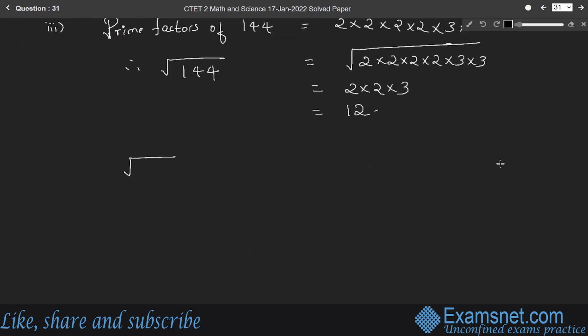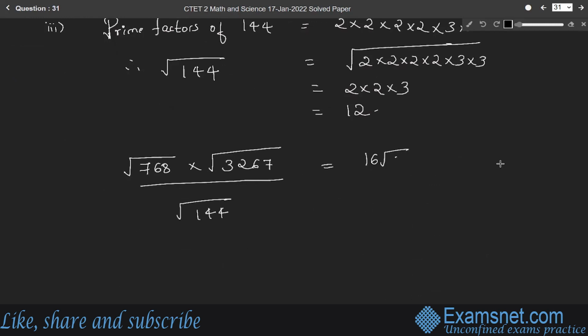So, square root of 768 into square root of 3267, whole divided by root of 144, is equal to 16 root 3 into 33 root 3, whole divided by 12, which is equal to root 3 into root 3 is 3.